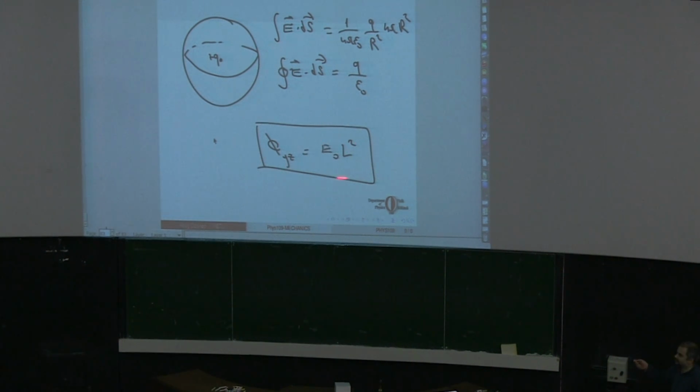If you look at this one, remember the flux was nothing but the electric field times the area. So if you have a larger area, it's kind of natural to expect that the flux will be larger. So here we see that the flux is proportional to the area that we choose. But here the flux doesn't depend on the area that we choose. It's kind of independent.